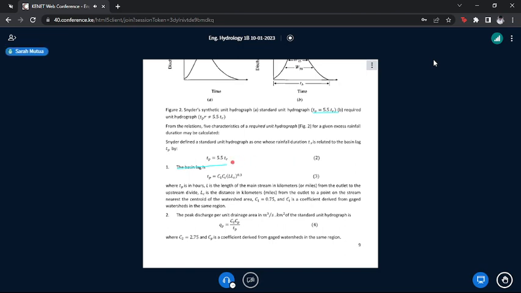So essentially we can easily calculate TP, because C1 is 1.0 for the English system, and CT is a coefficient you can derive by studying gauged watersheds. Remember why we use Snyder's unit hydrograph? Because the catchment is not gauged. That is why we use synthetic hydrographs.